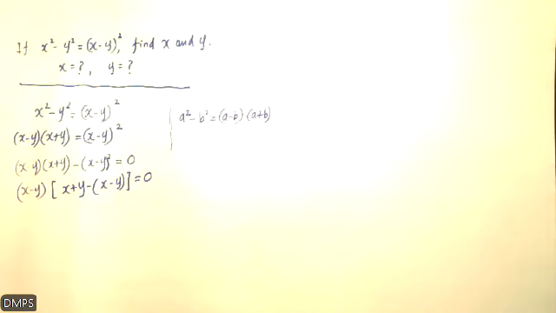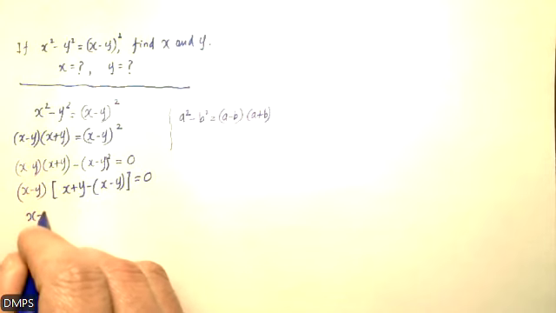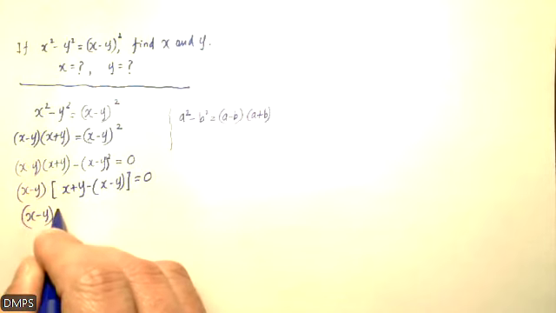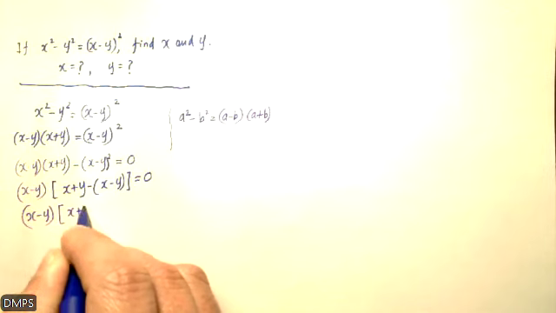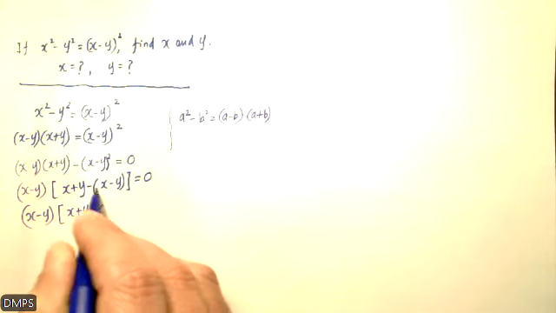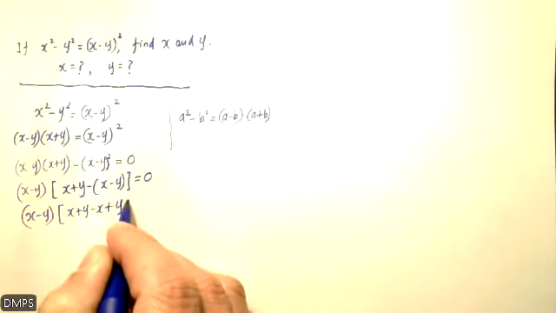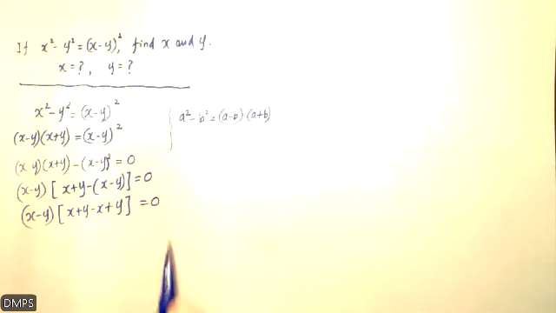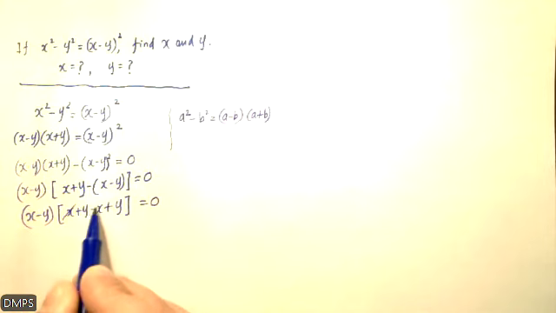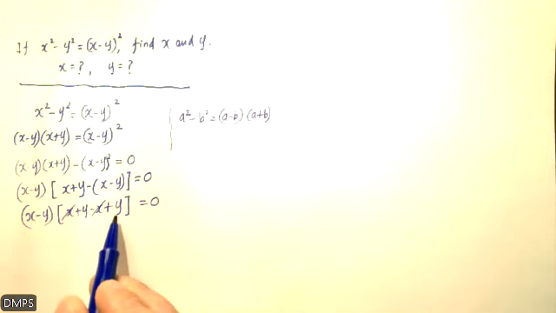And then we can simplify this inside part a little bit. Let's see what we get. Here we have x minus y times, here it will be x plus y and minus x, minus minus will be plus y, equal to 0. Minus x and plus x will simplify to 0, and plus y will be plus 2 times y.